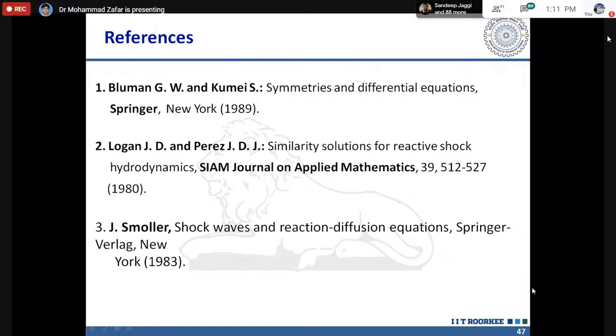The third book is by Joel Smoller, Shock Waves and Reaction Diffusion Equations, Springer-Verlag, New York. The RH conditions and entropy conditions I have derived from this Smoller book only, a very important book, published in 1983, Springer-Verlag.